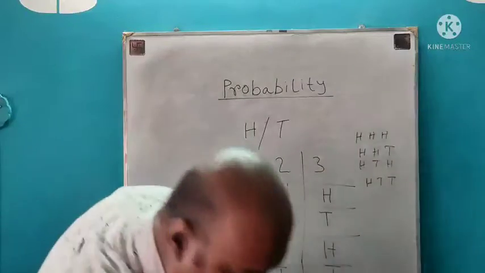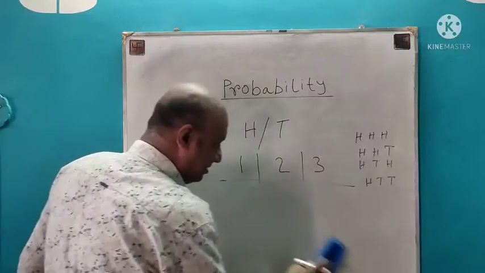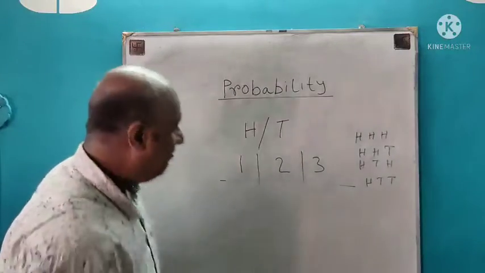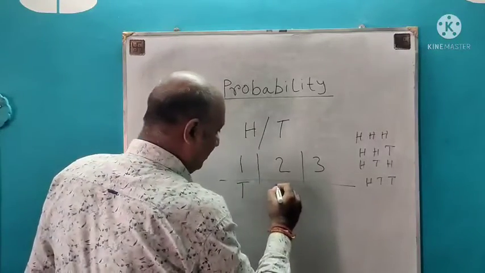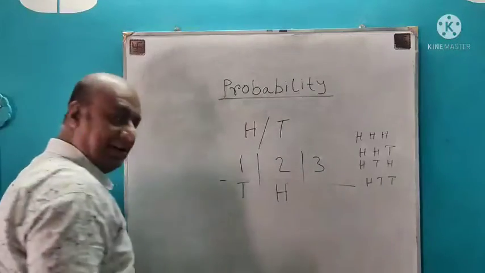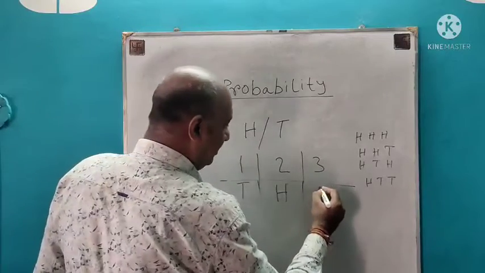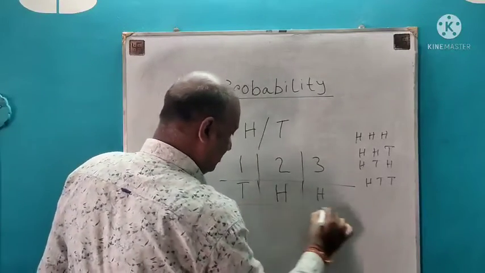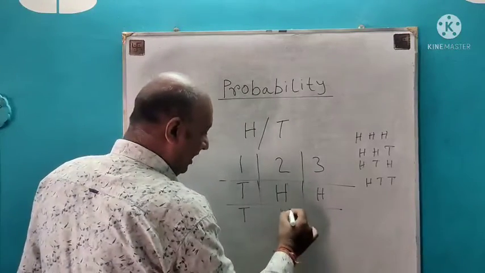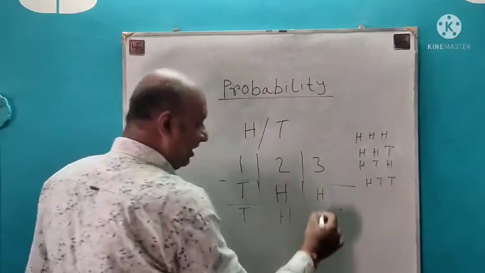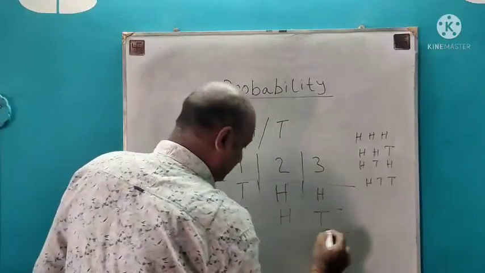Now let me look at some more possibilities. Suppose we have got a tail on the first coin and, fixing, let's say we have got a head on the second coin. Now the possibility that we can get a head in the third coin. Again we have got a tail in the first coin, a head in the second coin, and we can get a tail in the third coin. So these are further 2 possibilities.